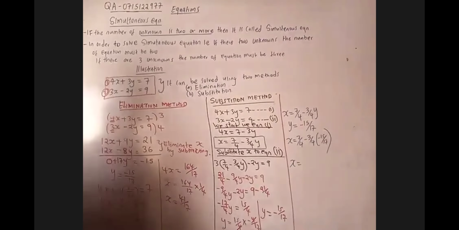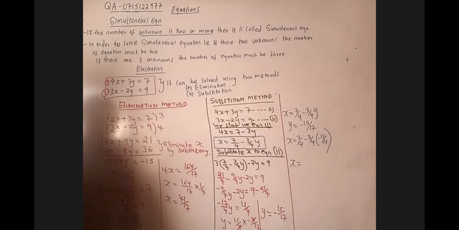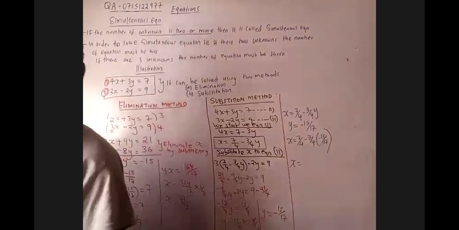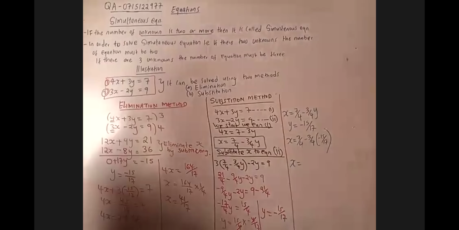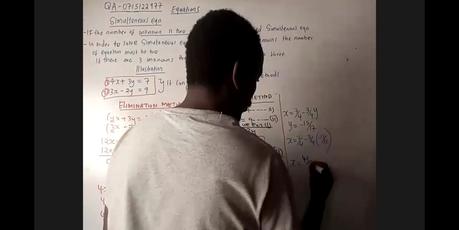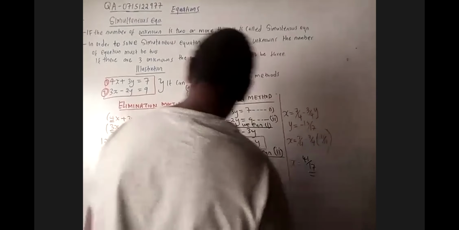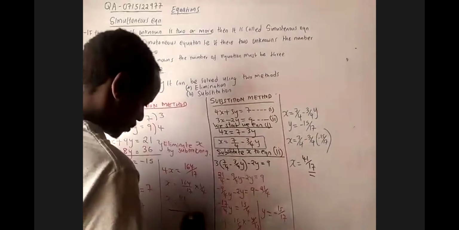Find the value of x. So according to what we have done here, our x is 41 over 17.